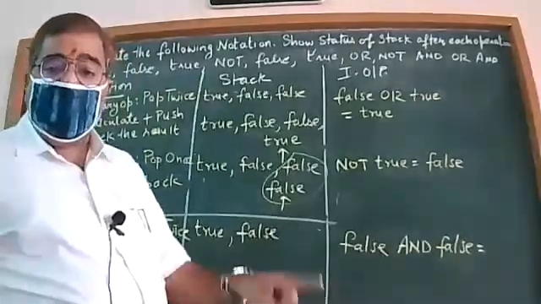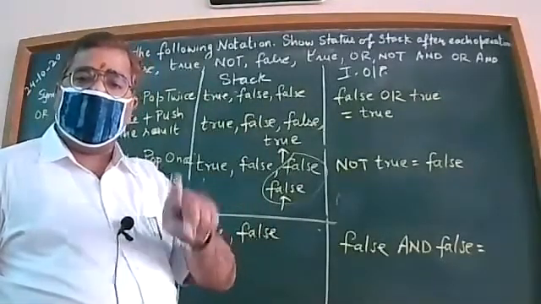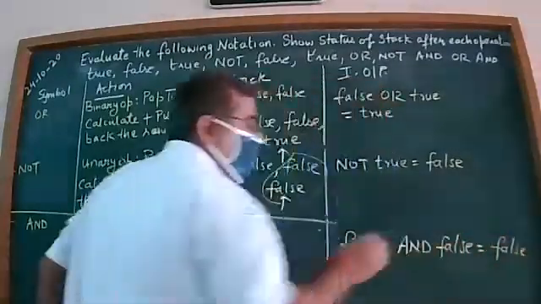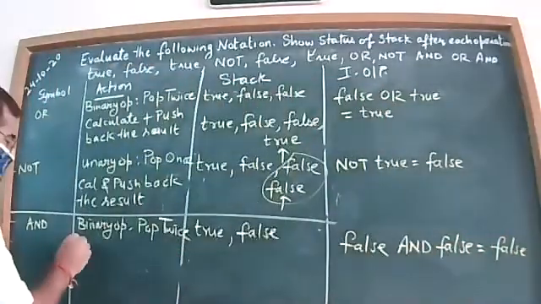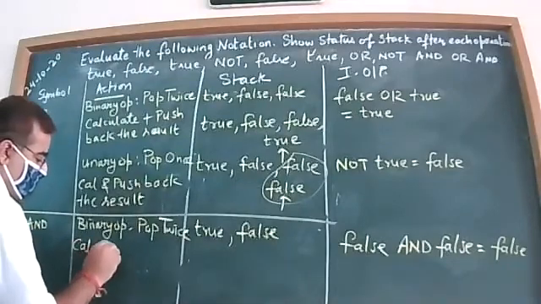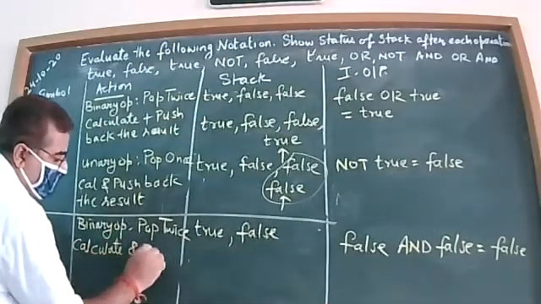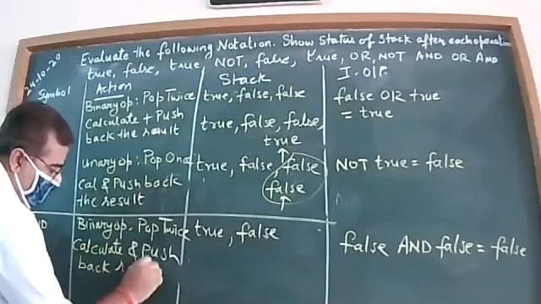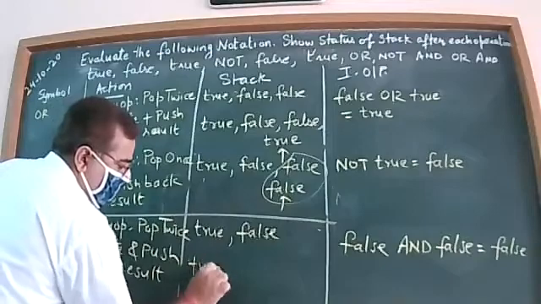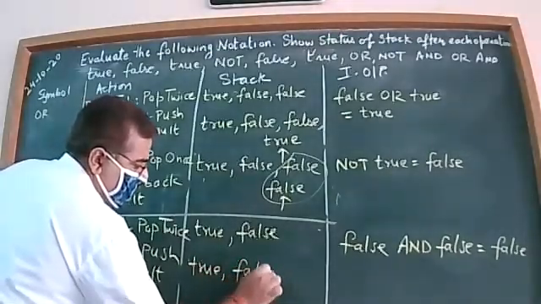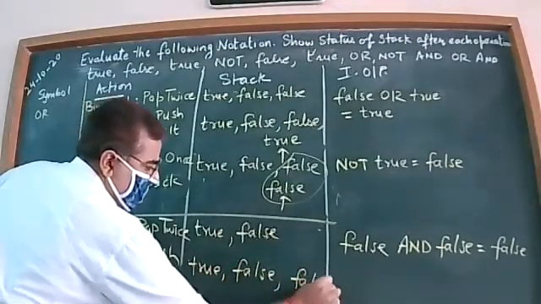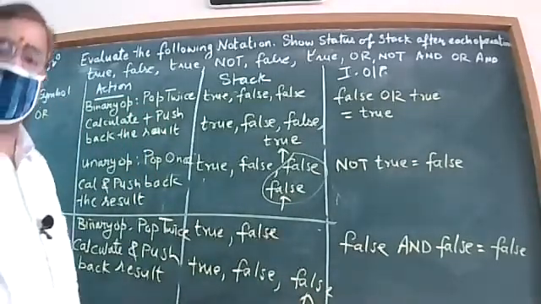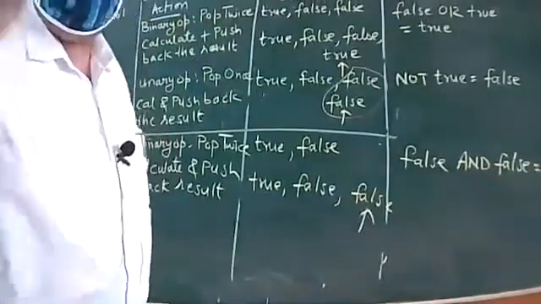And operator says only when both expressions are true, the result is true. But here both are false. So result is false. Calculate and push back the result. So it is true, false, and false. Clear? Up till here, am I clear? Sadhav, clear?